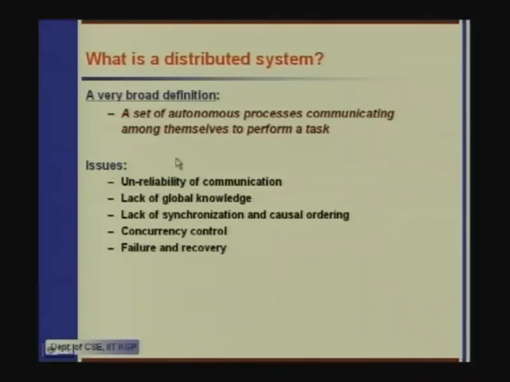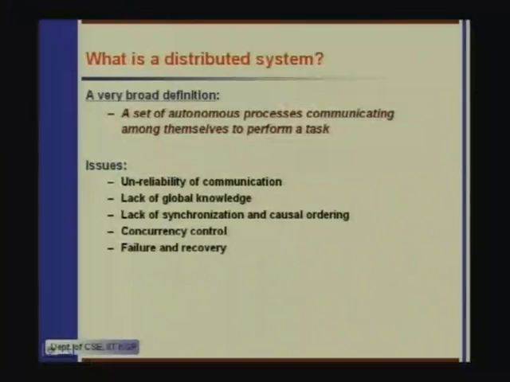The issues in implementing such a system are primarily unreliability of communication, because at the lowest level communication may be unreliable; lack of global knowledge, since a process running on one machine may not know the status of a process running on another machine; and lack of synchronization and causal ordering. When we talk about distributed systems, we do not assume that they are synchronized, in the sense they are not driven by the same clock, they do not have the same definition of time.